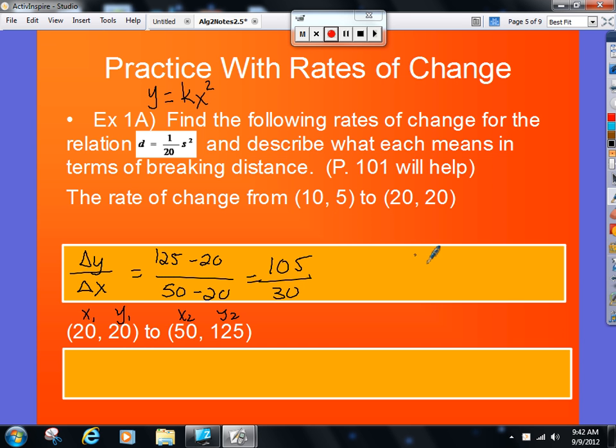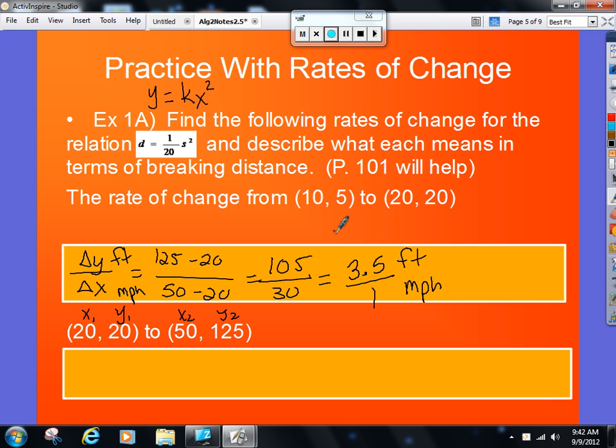Okay, and again, I'm going to go ahead and reduce that to a decimal this time because it does work out nicer when you're talking about rate of change to know what happens for 1 unit of measurement. And we get 3.5 over 1. Remember, the y value was representing feet. The x value was representing miles per hour. So what does this tell us in context?